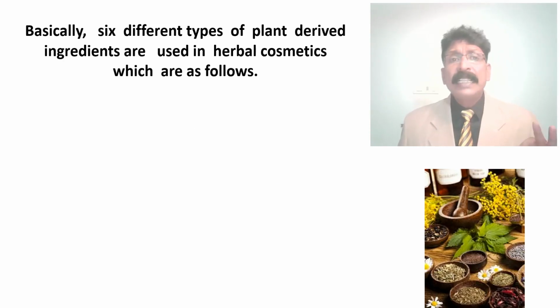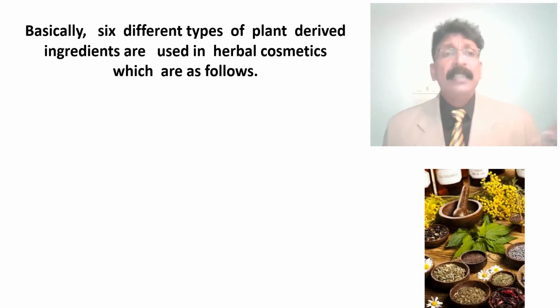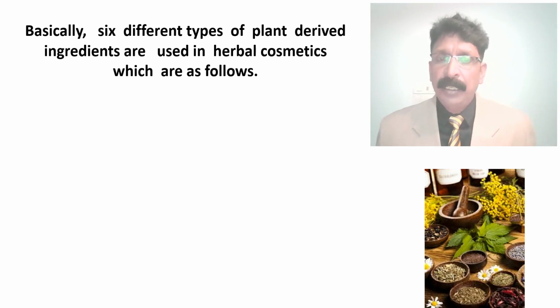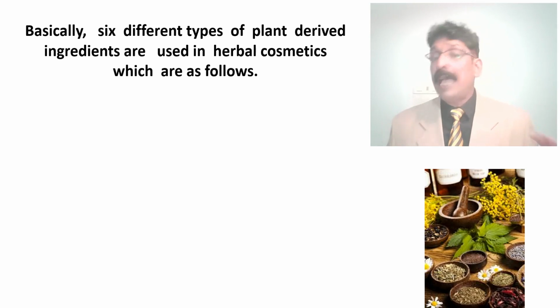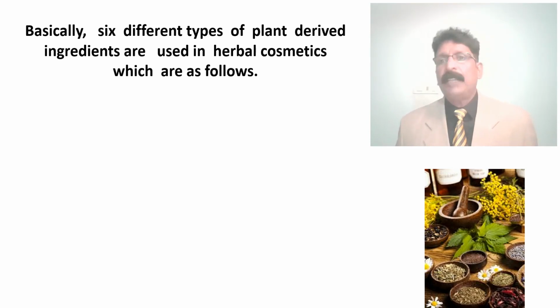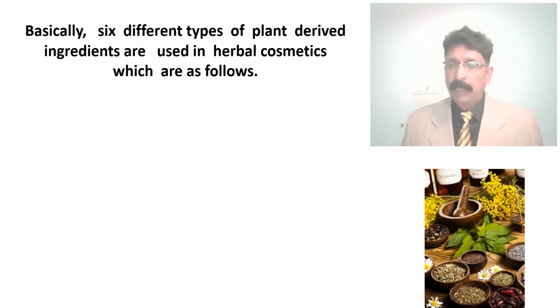Basically, 6 different types of plant-derived ingredients are used in herbal cosmetics, which are as follows. If suppose asked a question about drug, write about herbal cosmetics. How the plants are used, you should know that.